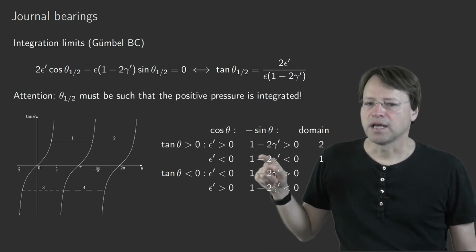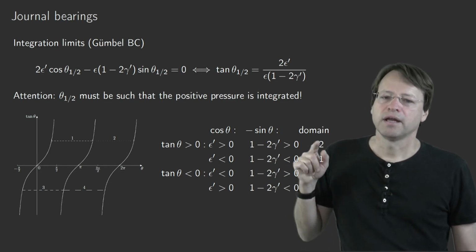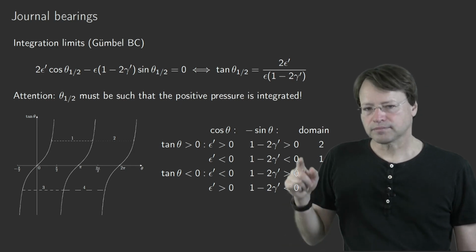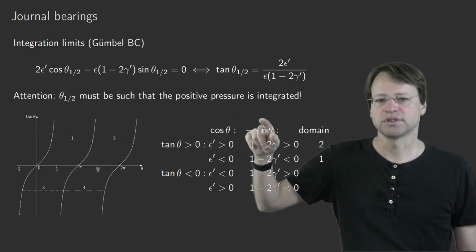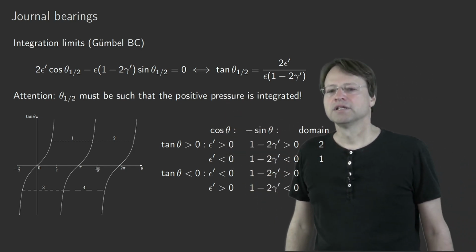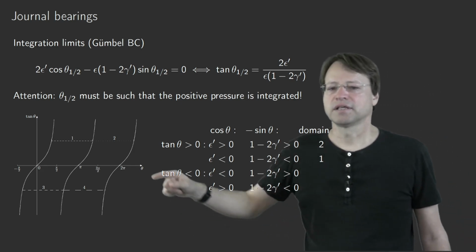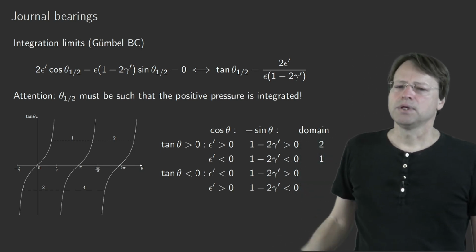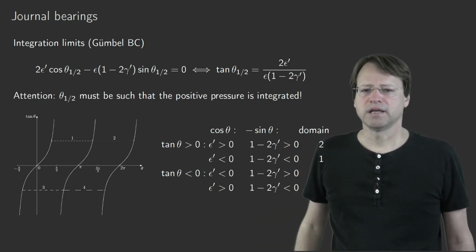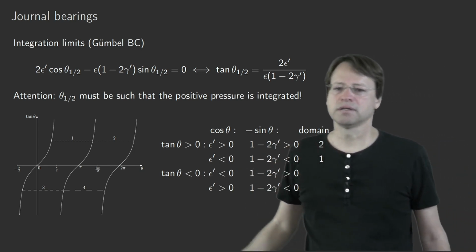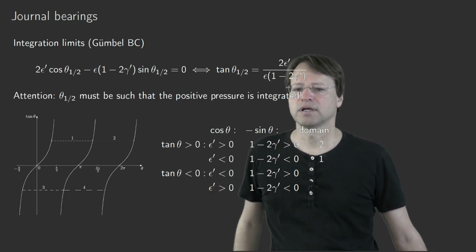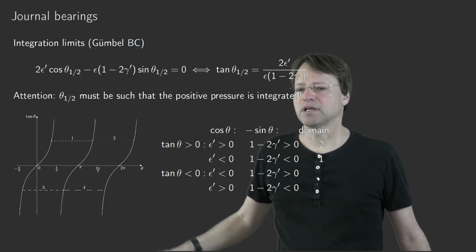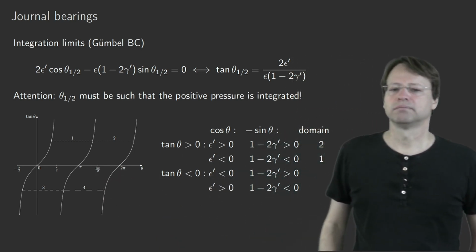Then we need a negative cosine theta and we need a negative sine theta, because we have to consider minus sine theta here. A negative sine theta is between pi and 2 pi. We need a negative cosine theta, so we are in the third quadrant, between pi and 3 pi divided by 2. So we are in domain number 4.